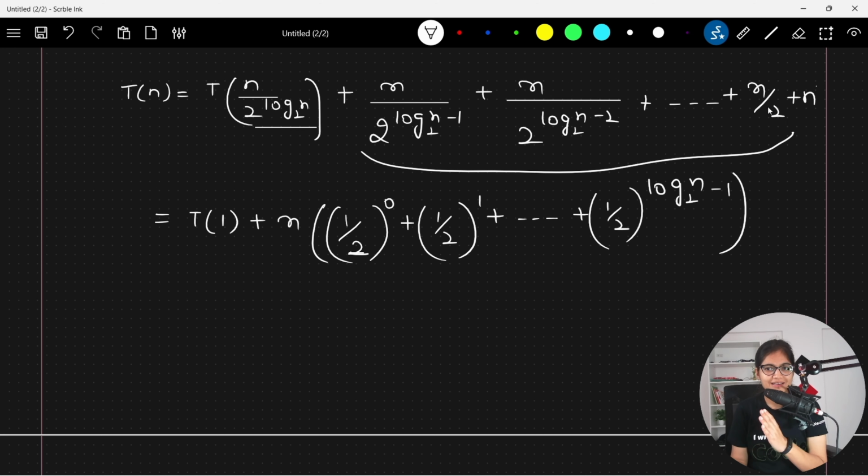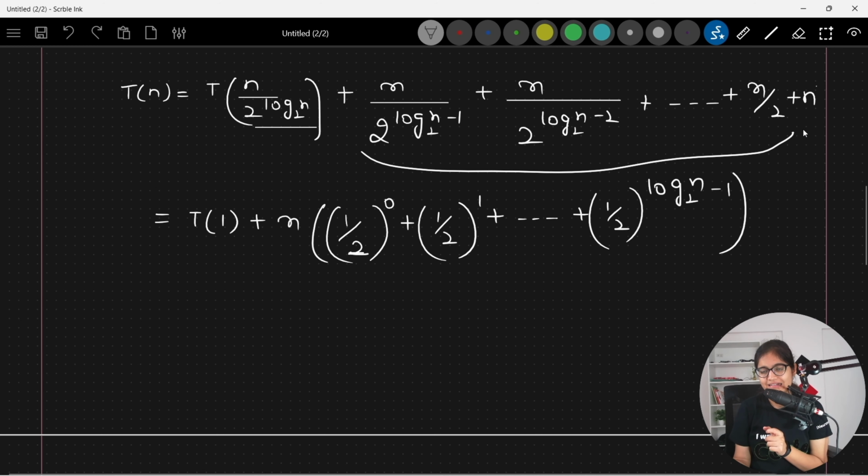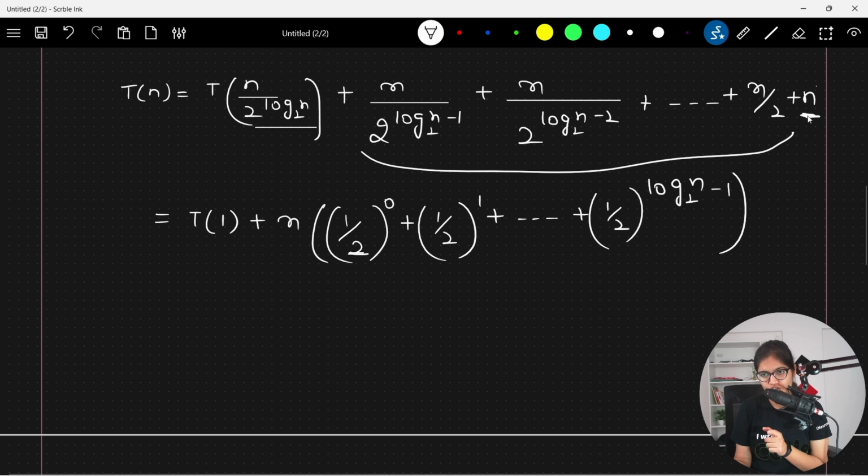So it's n plus n by 2 plus n by 2 to the power 2, and so on, until n by 2 to the power log n base 2 minus 1. So I took n as the coefficient. When we take n as coefficient, it will be 1 by 2 to the power 0, 1 by 2 to the power 1, 1 by 2 to the power 2, until what value? Log n base 2 minus 1. Can I write like this? I hope this is making sense, right?